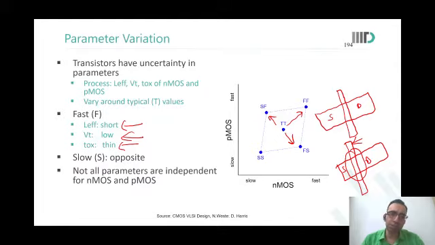So if you increase the doping a bit, what happens? The depletion width reduces under the gate. If the depletion width reduces, then what happens?